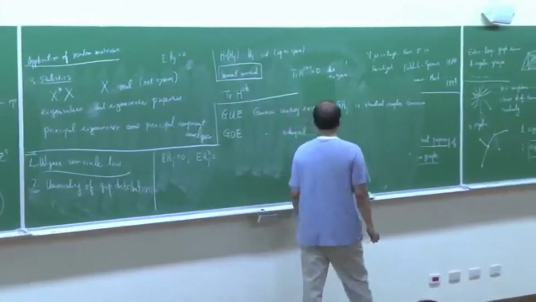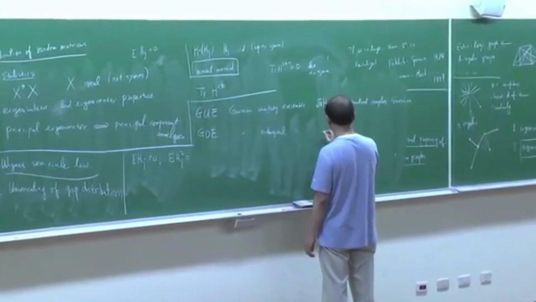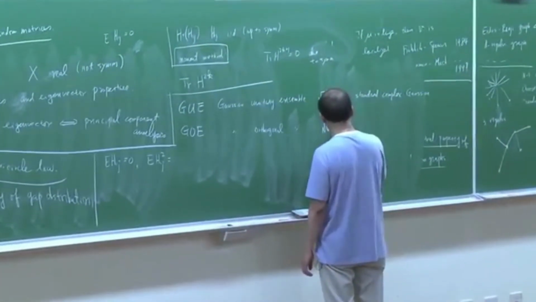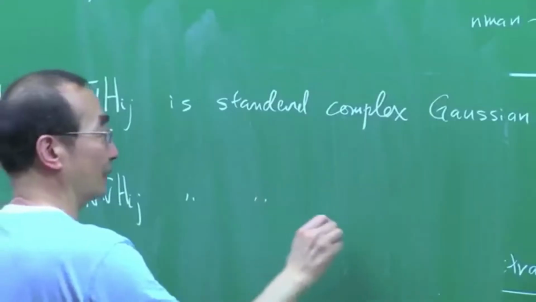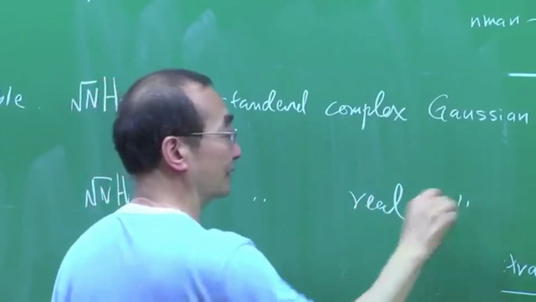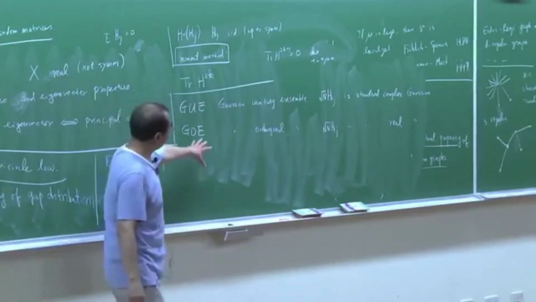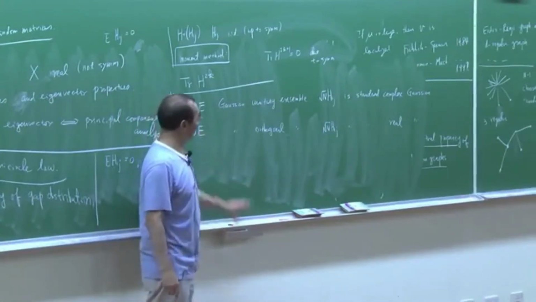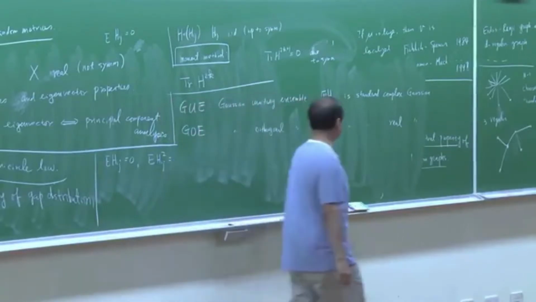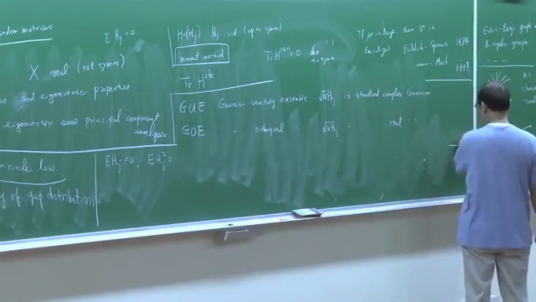And the Gaussian Orthogonal Ensemble is square root of n times h_ij being standard real Gaussian random variables. There are some more details for the diagonal term, but I will not say them now. Just take this as examples.